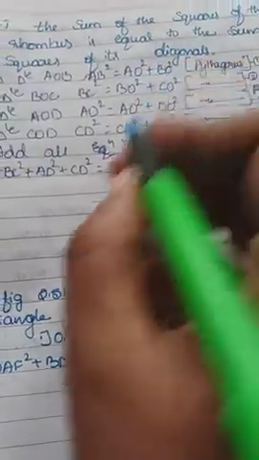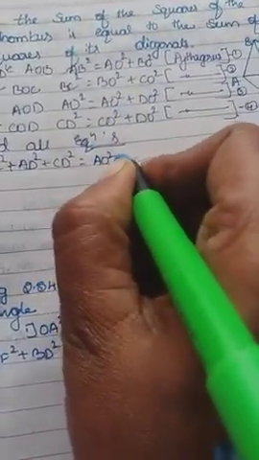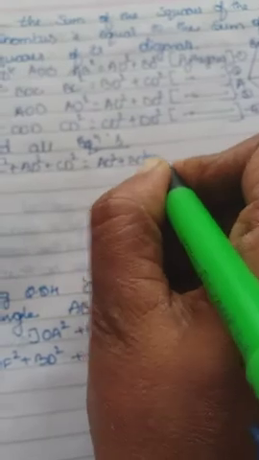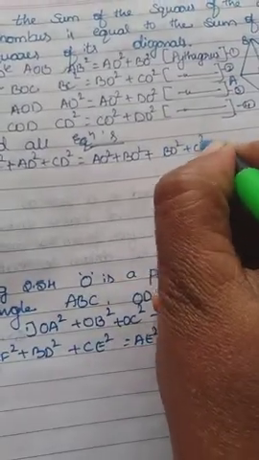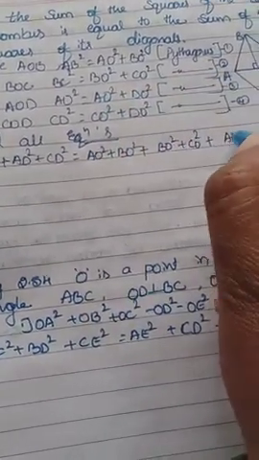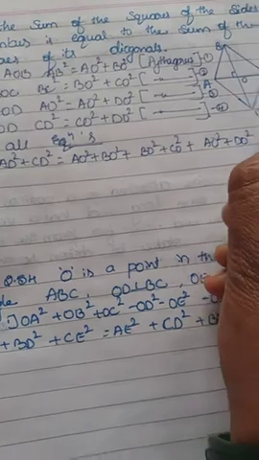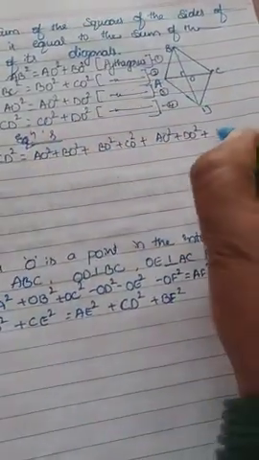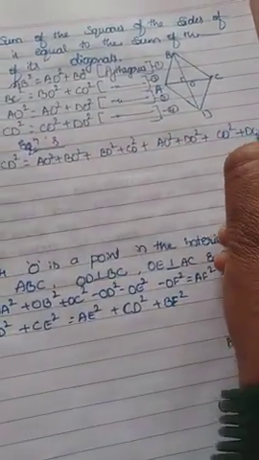In the first equation the RHS is AO square plus BO square, in the second it is BO square plus CO square, in the third it is AO square plus DO square, and in the fourth it is CO square plus DO square.